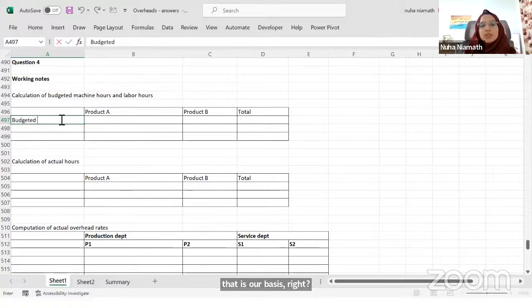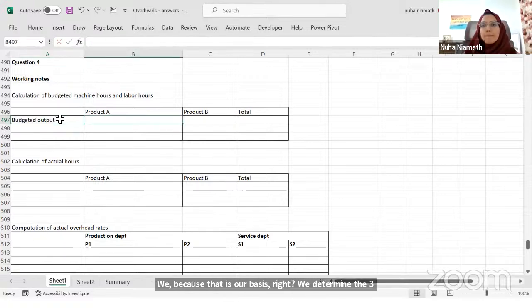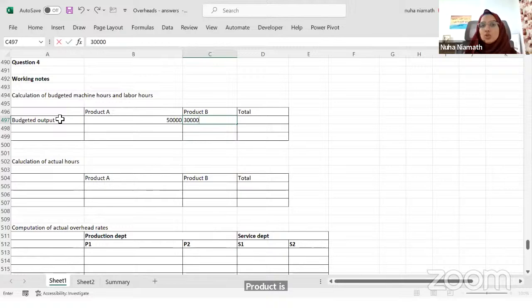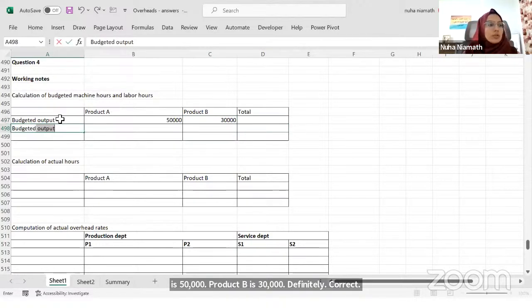We have been given the budgeted output. Product A is 50,000. Product B is 30,000 units. Correct? We have this information in the question. Now, what is the budgeted hours utilized per unit?